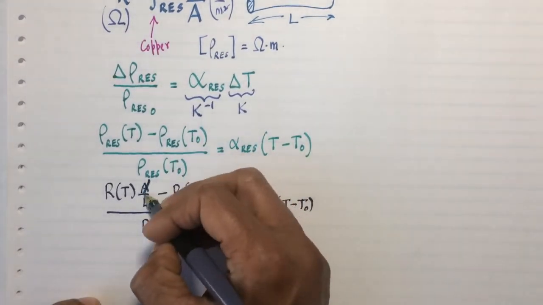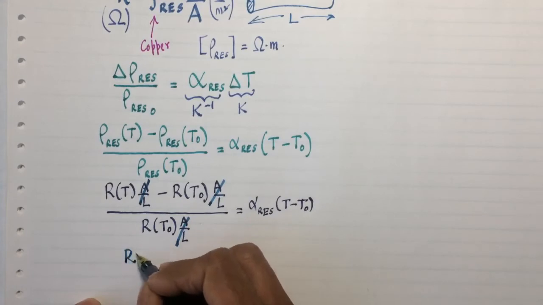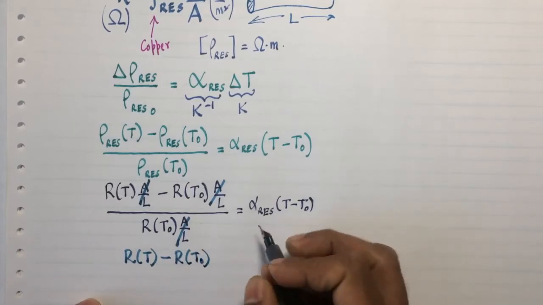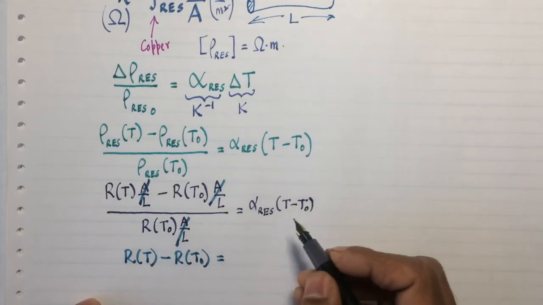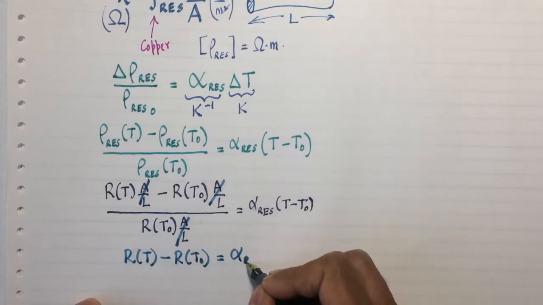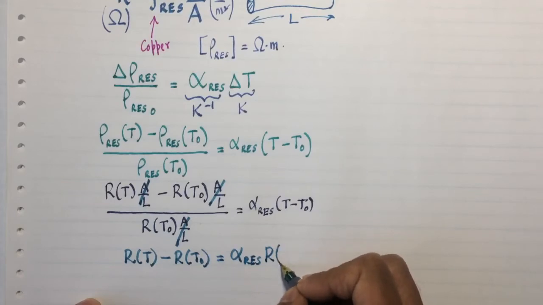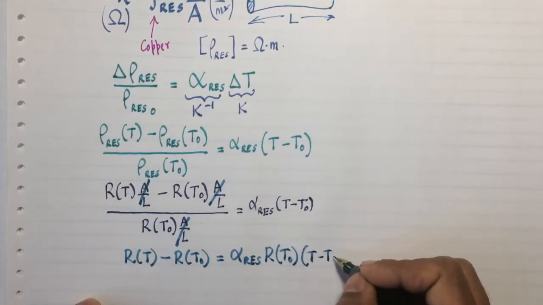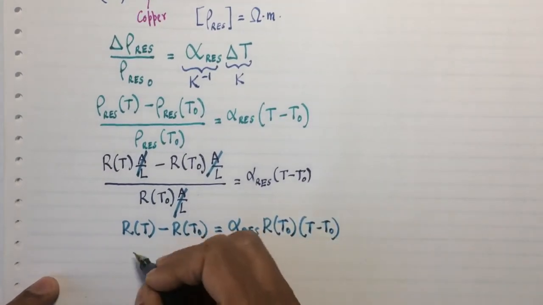I'll cancel out the A over L's and I'll get R of T minus R of T naught is equal to, I'll pull the R of T naught to this side, so I get alpha res times R of T naught times T minus T naught. And finally, I'm going to simplify R of T naught as just R naught.